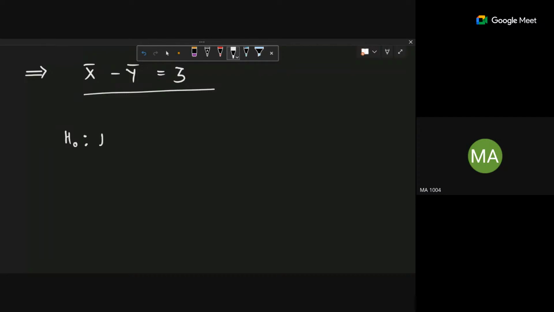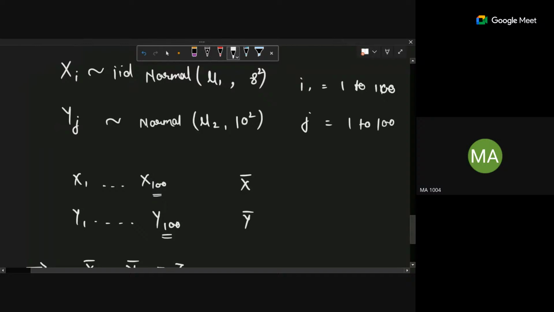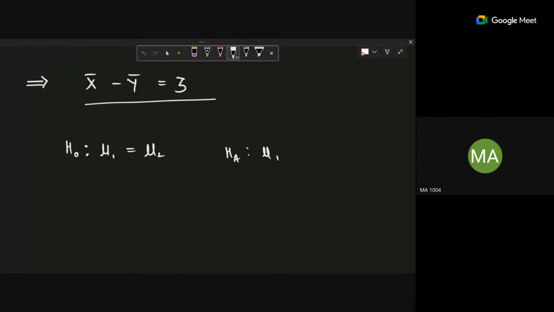The question is about the mean, right? Whether these mean times are the same for both or not. So our null hypothesis will be that the means mu1 and mu2 are the same, and the alternative is not equal to.